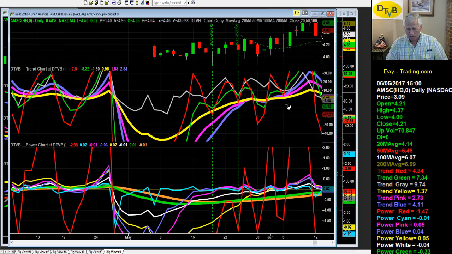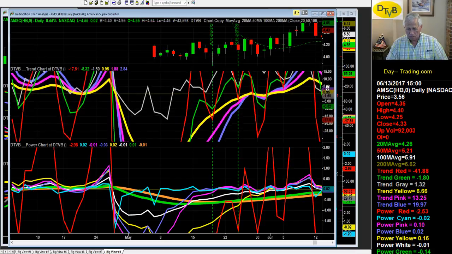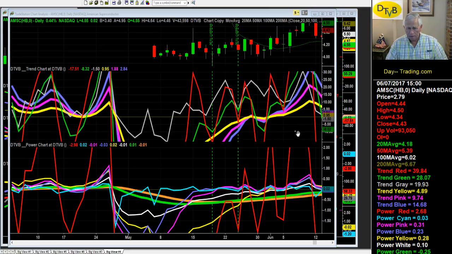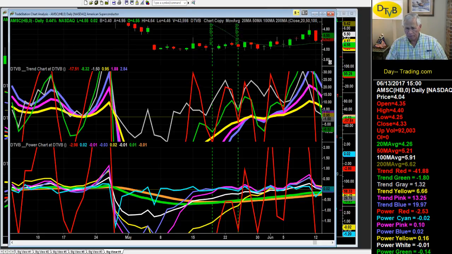I think I see one here as well. I missed this one. Here's another one. Trend pink. This is the one we normally see. Trend red down touching trend pink when the trio is above zero. When that happens, that usually gives us a few days of uptrend.